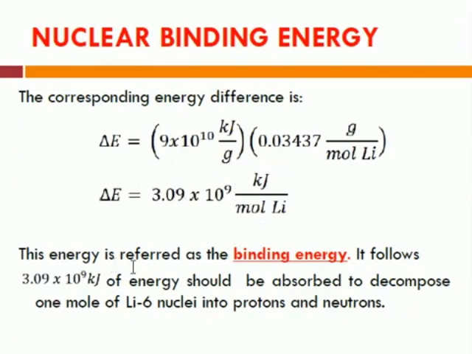So this energy is referred to as the binding energy. It means that 3.09 times 10 raised to 9 kilojoule of energy should be absorbed to decompose 1 mole of lithium-6 nuclei into protons and neutrons.